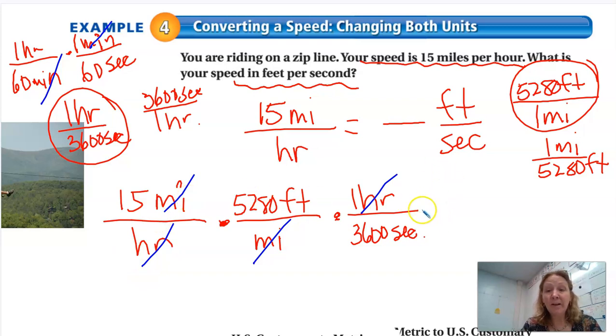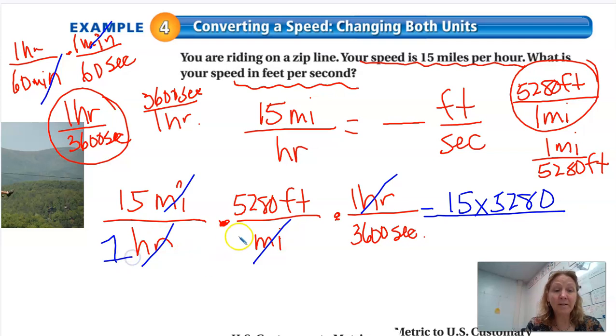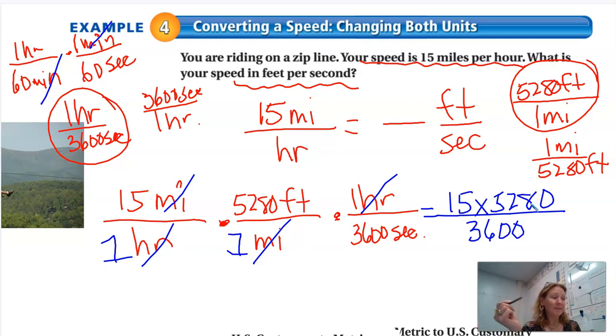When I multiply across, I just want you to see I get feet over seconds. And now I'm going to look at the numbers that I have: 15 times 5280 on top, and on the bottom, 1 times 3,600. You don't have to show that step necessarily, but that's what I got.